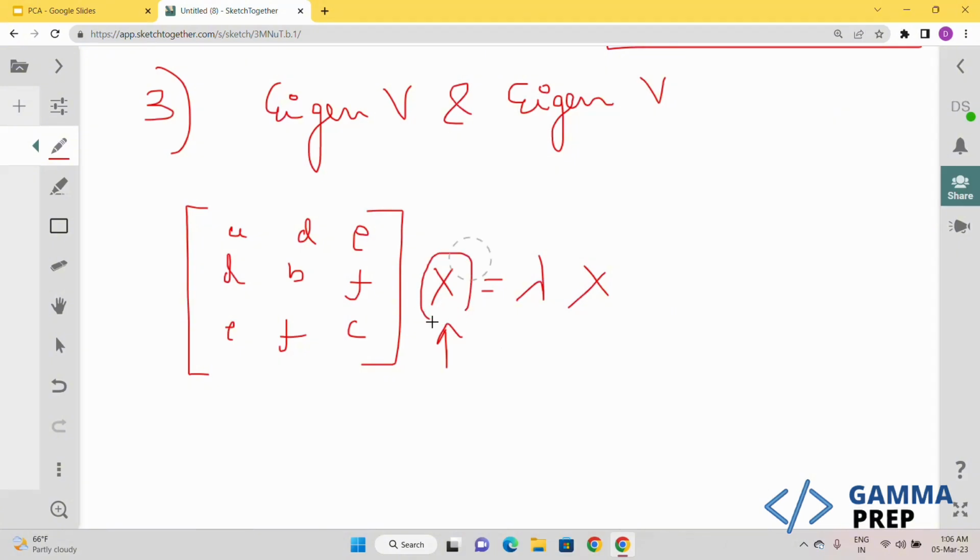And these eigenvectors are basically the directions in which we are going to have the maximum variability, or the information of the data. Basically, these are the directions of the principal components.